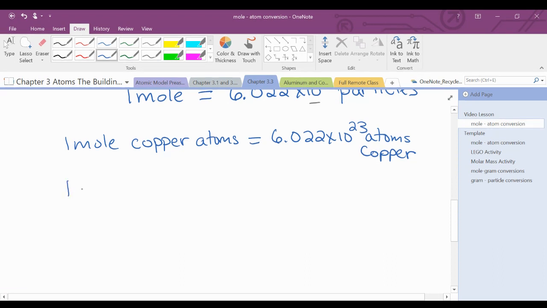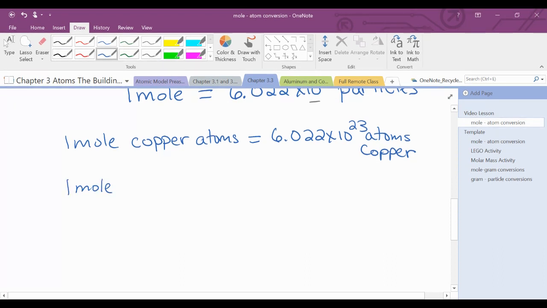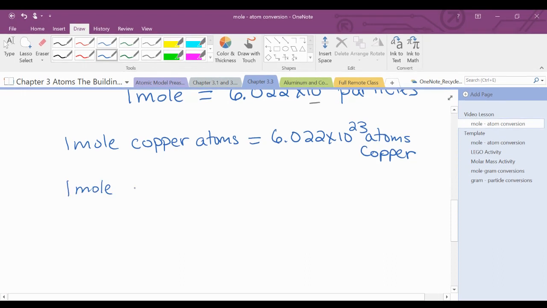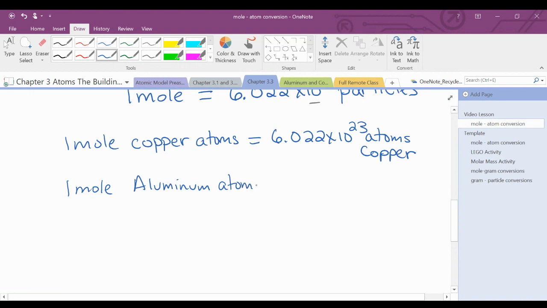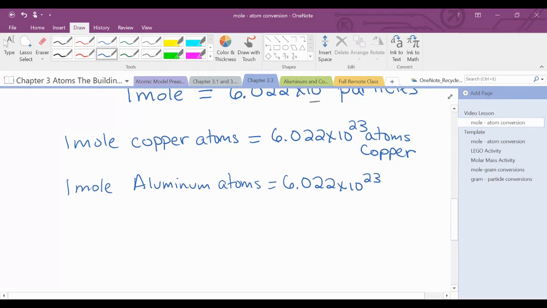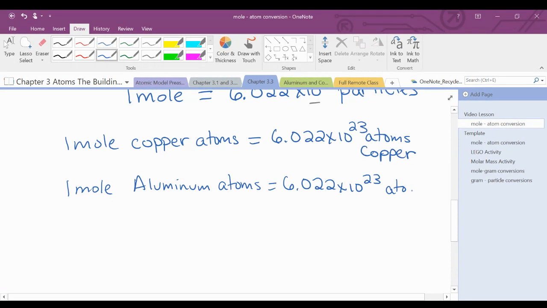Our other element in our phenomena is aluminum. So if I have 1 mole of aluminum atoms, that equals 6.022 times 10 to the 23rd atoms of aluminum.